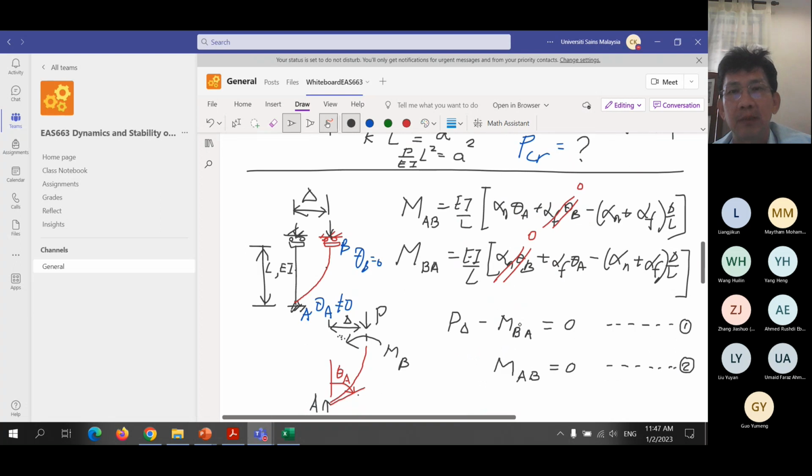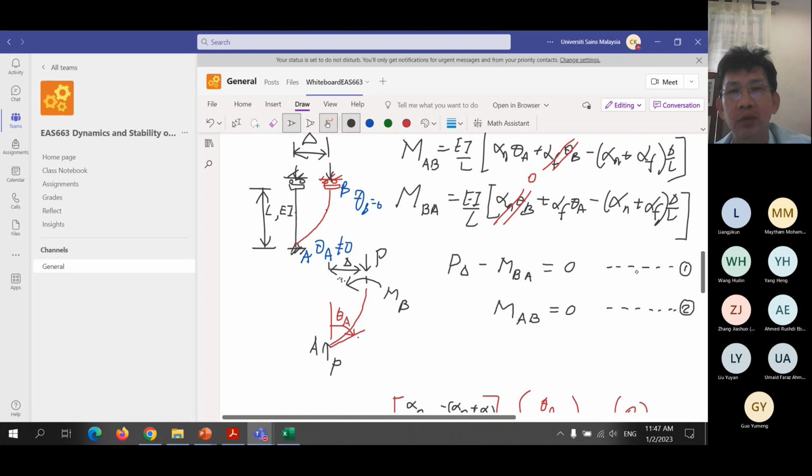The same thing for this example where you have end rotation. So end rotation appears now in the end moment equations together with the relative end translations. Then here we have two equations that we have to formulate. One for the whole column here, taking moment at one end, and we get this moment equilibrium equation. Consider the whole member. Next, we take the moment equilibrium equation at the joint here, where theta A is non-zero. This is a pin condition.